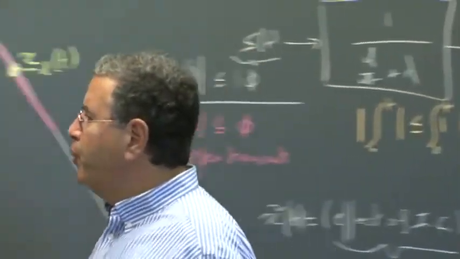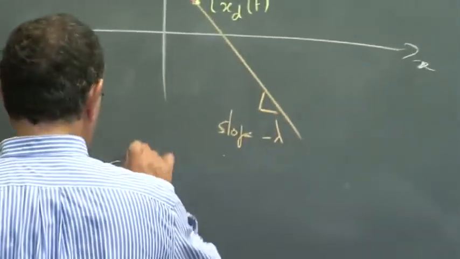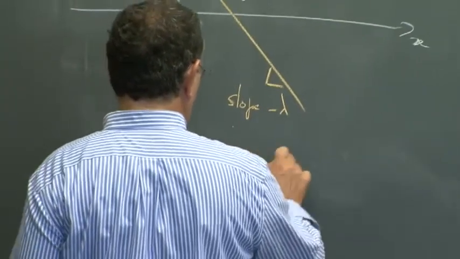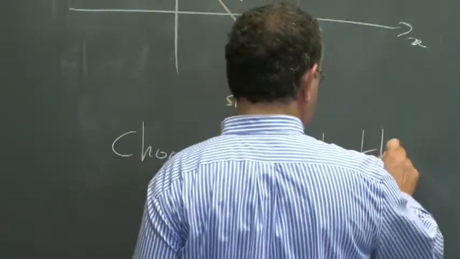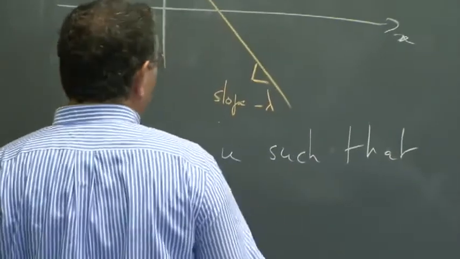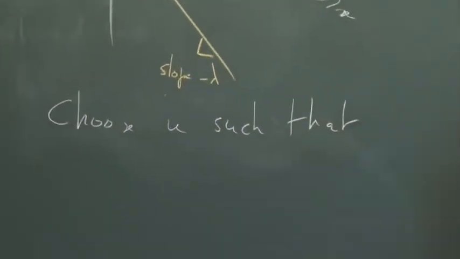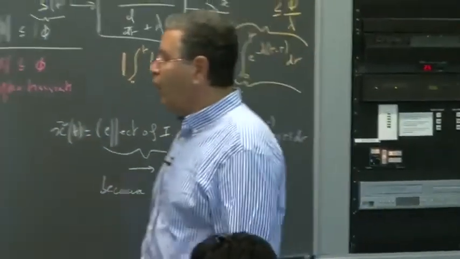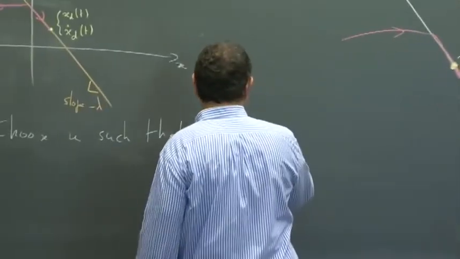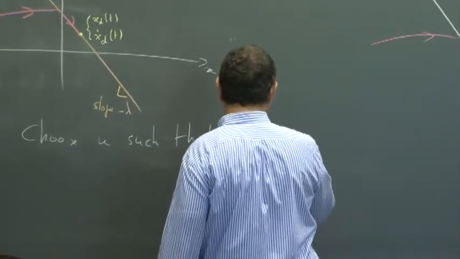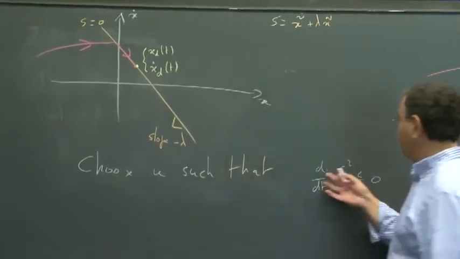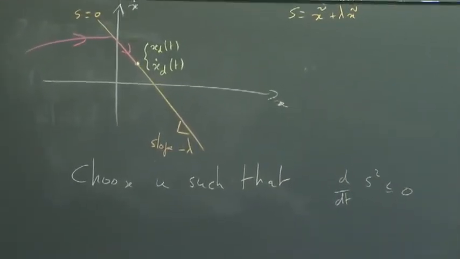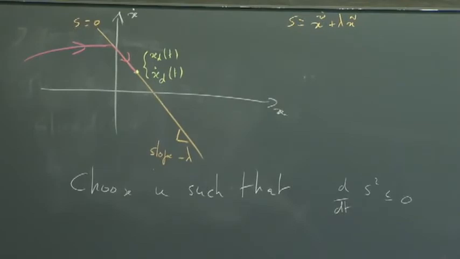So what we're going to impose is to choose U such that S always decreases in absolute value. So we could think of S square, and we would like d over dt of S square to be negative, which would mean that S would always decrease.